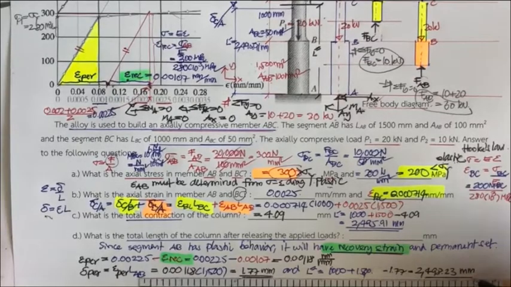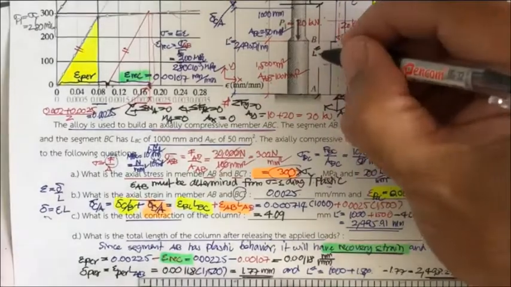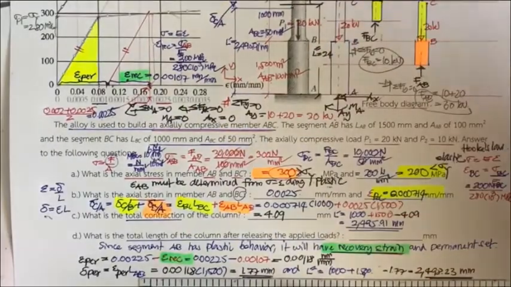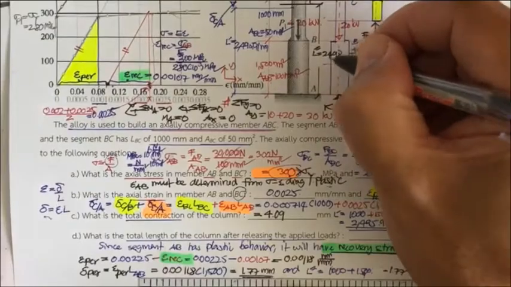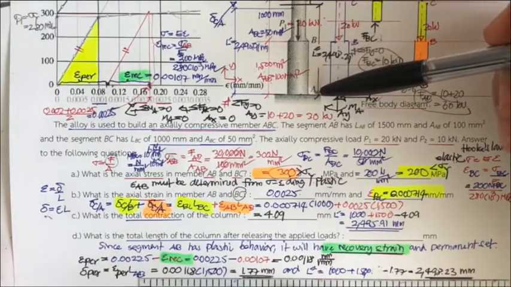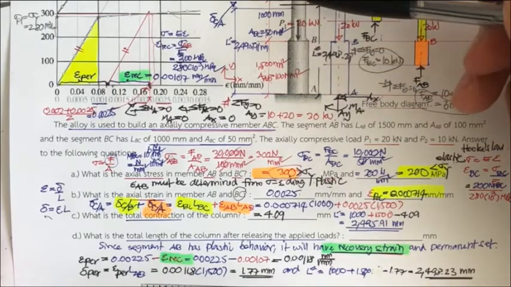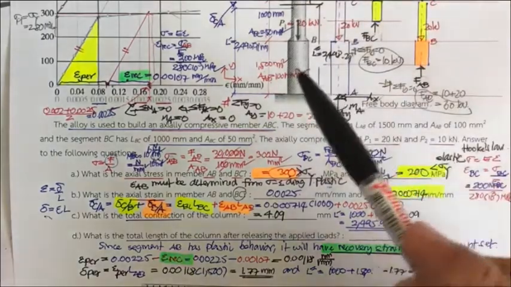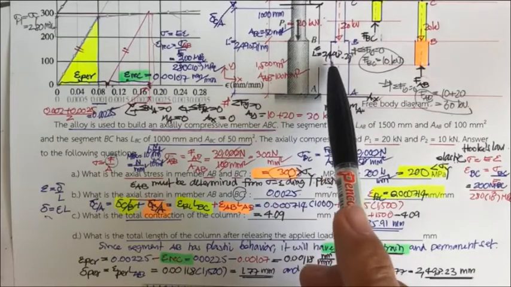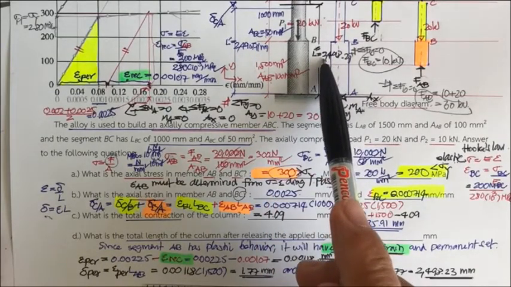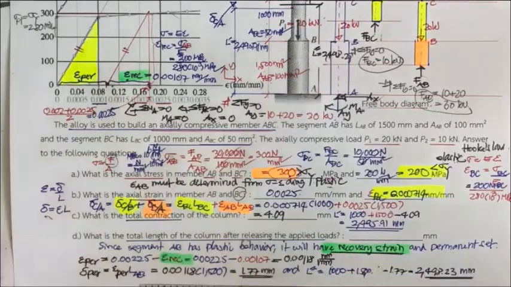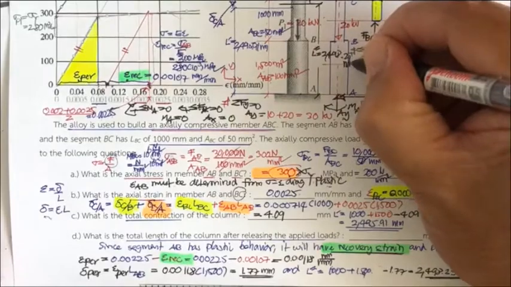So this is the final length. The total is 2500. Under the applied force it is 2495.91, and when the force is released it goes back to 2498.23 millimeter.